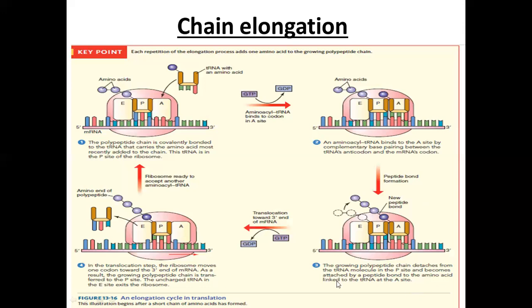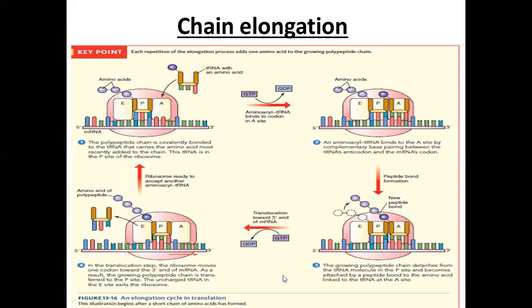And then we have the next step, which is called the translocation step. During the translocation step, the ribosome moves one codon towards the 3' end of the messenger RNA, resulting in the growing polypeptide chain being transferred to the P site.